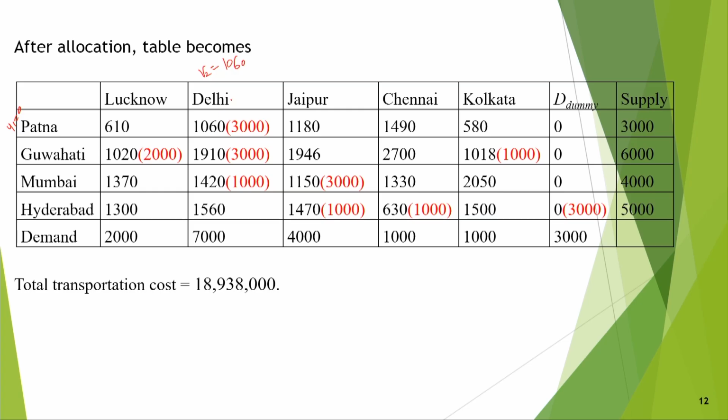Okay. Once I have found V2 equal to 1060, then I can find U2. So U2 is equal to minus 40.